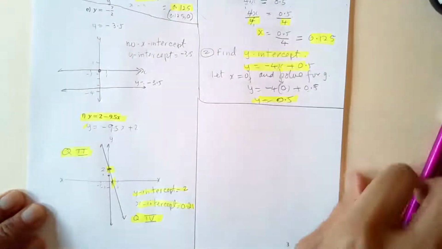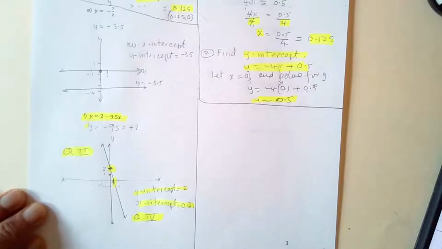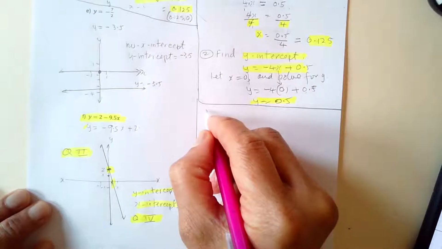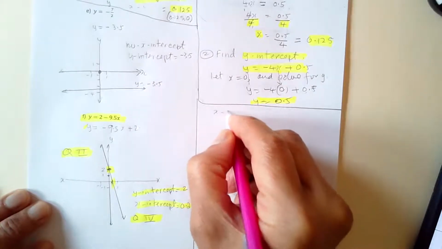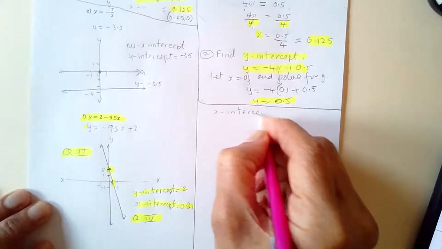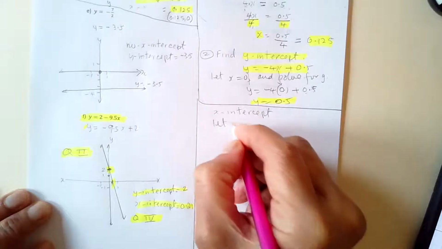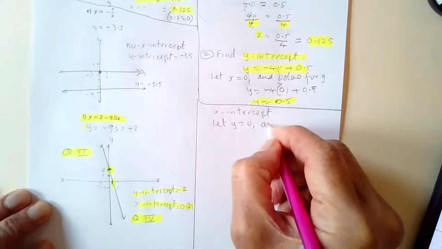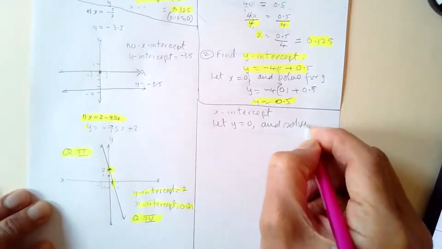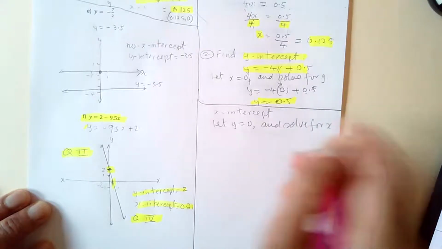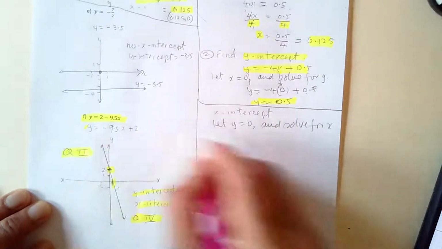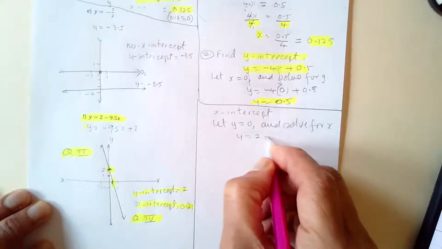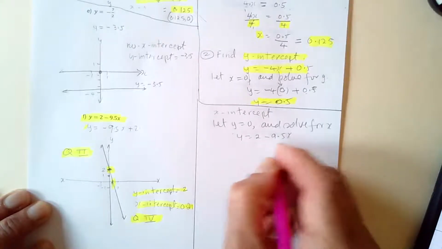That's the technology. But if you don't have the technology, like graphing technology, let's find the x and y-intercept algebraically. So to find the x-intercept, as we know, let y equal 0 and solve for x. So we have y is equal to 2 minus 9.5x.